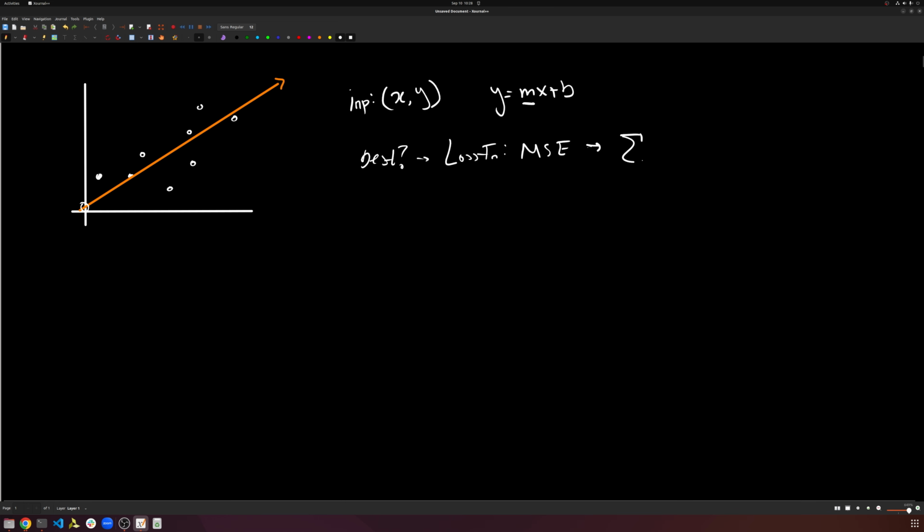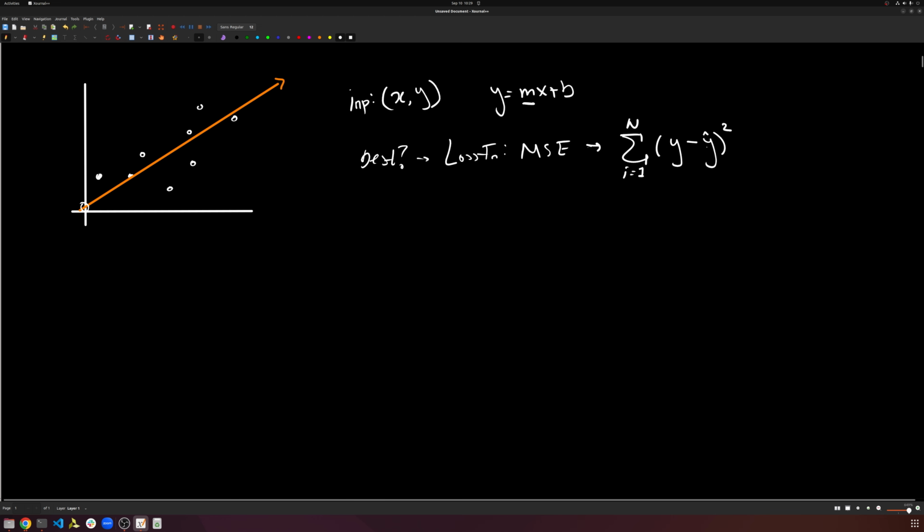It'll be the sum from i equals 1 to n of (y minus y hat) squared. So y hat is my predicted value, y is the true value, and we're taking the squared distances between them, adding them up, and then doing a 1 over n, so it's a mean.